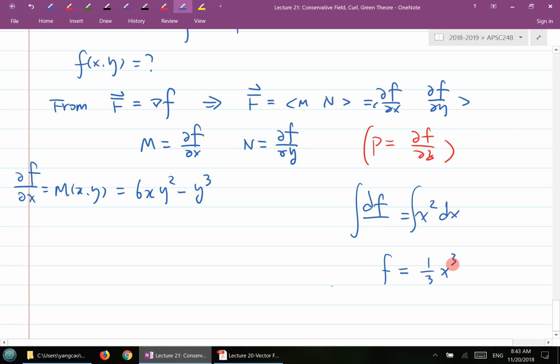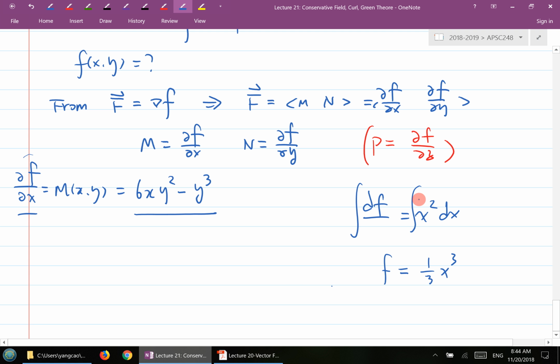So let's come back to here. I have partial f over partial x equal to this, and what I'm looking for is the scalar function f. Now, when you do the partial derivative with respect to x, what happened to the y? Constant. So if I consider y as a constant, is there any difference between this one and this one here? No difference.